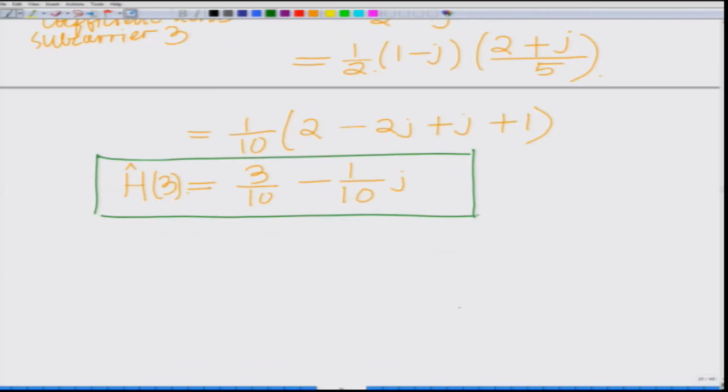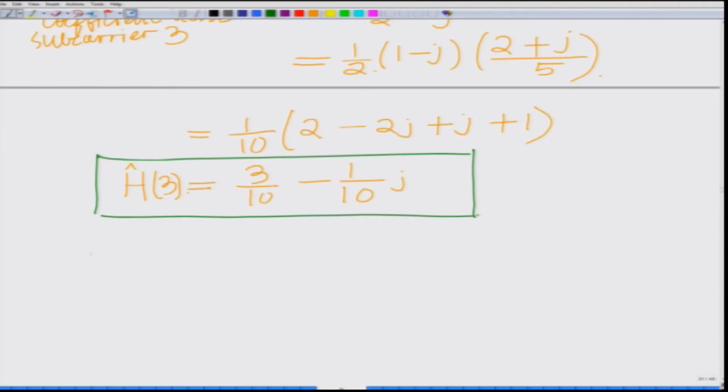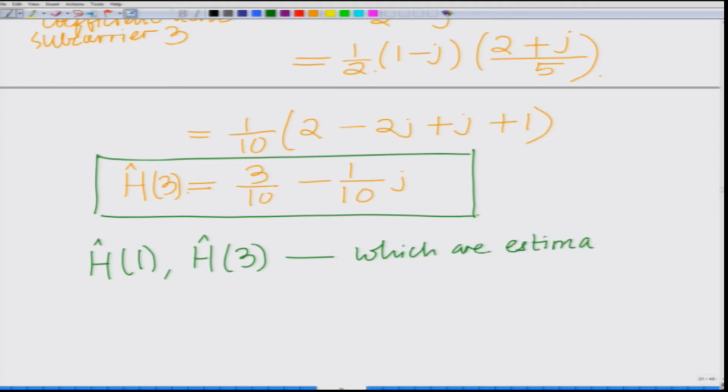So, now what we have found are capital H hat 1 and capital H hat 3, which are the estimates of the channel coefficients on the pilot subcarriers, that is L equal to 1 and 3.